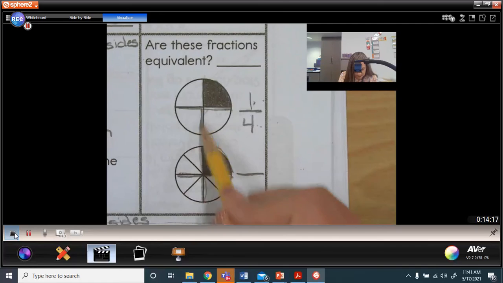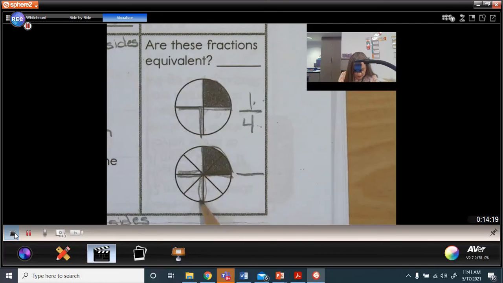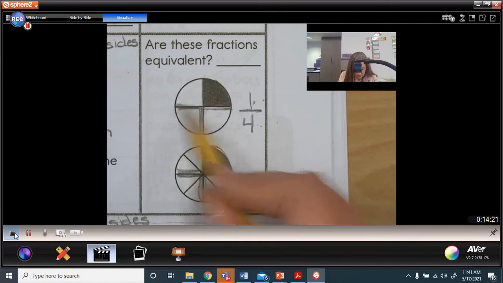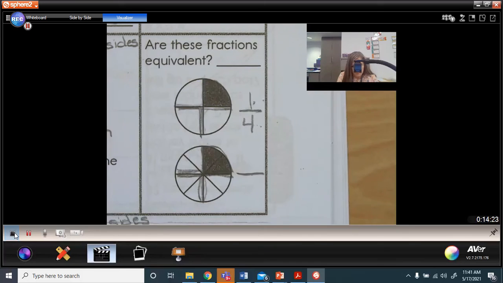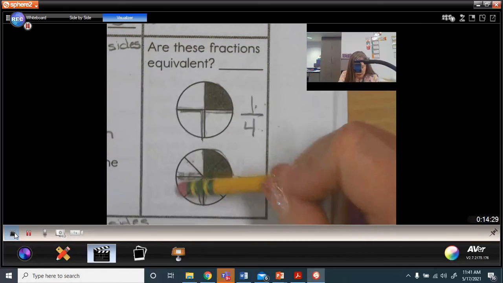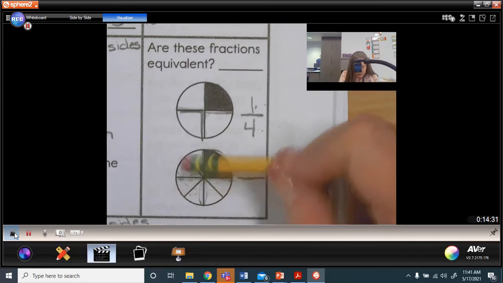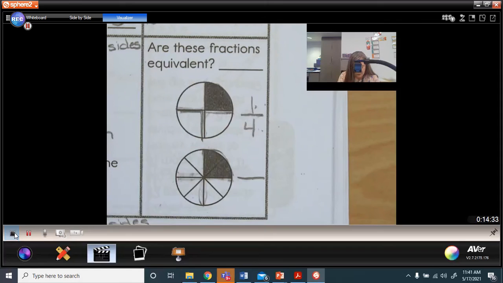Does this piece match this part that's here and here for this piece? Well, if you said yes, you'd be correct. But instead, we are breaking up the whole into how many equal pieces? 1, 2, 3, 4, 5, 6, 7, 8. So our denominator is now eighths.